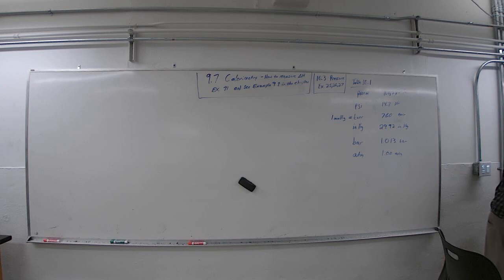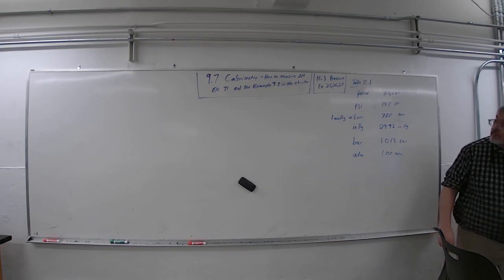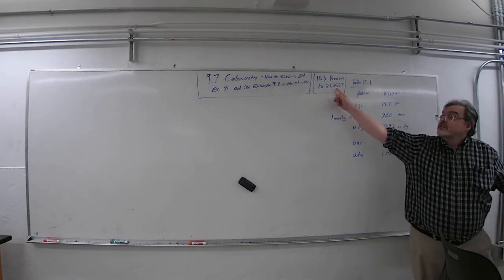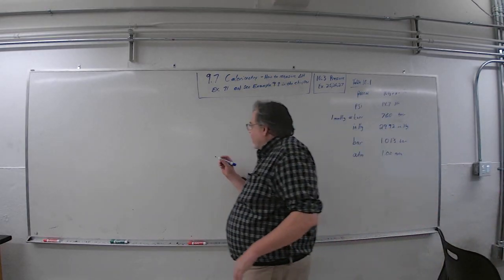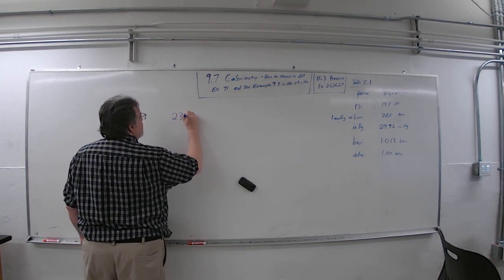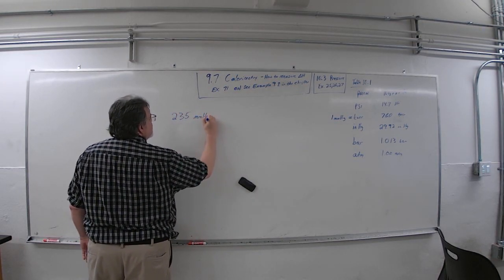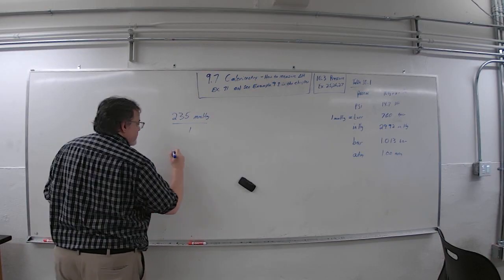That may not be true, but let's look at exercise 26, and you can practice with 25 and 27. But this is just converting between these different measurements for pressure. So 26 is saying, hey, I've got 235 millimeters of mercury as a pressure measurement.